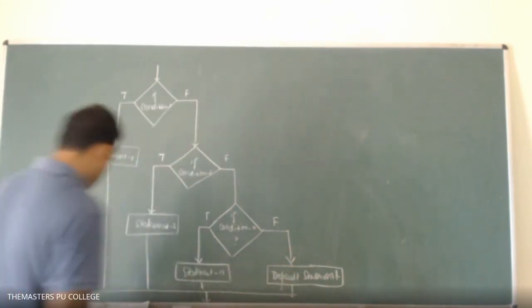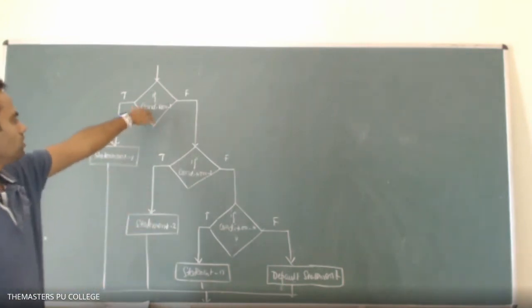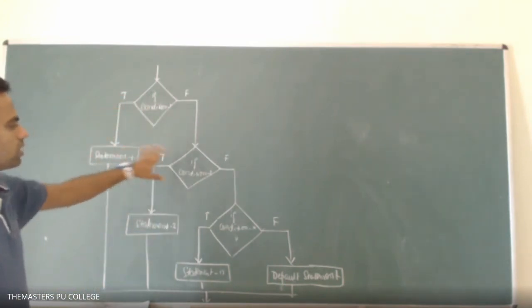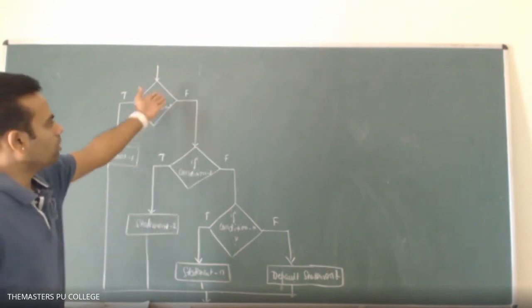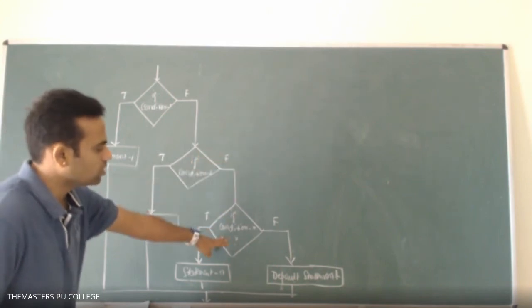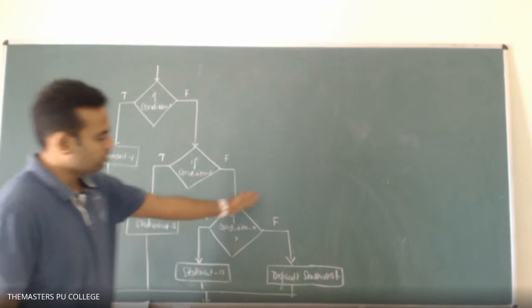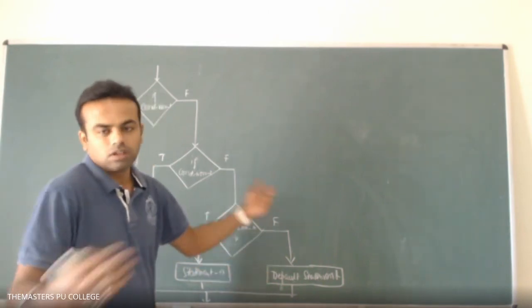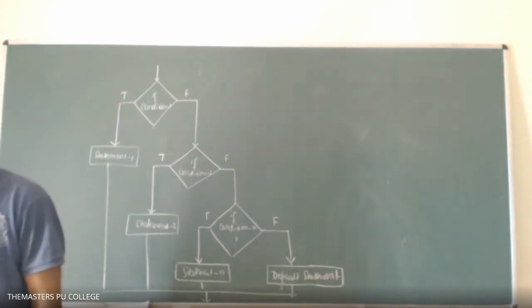This is the flow chart. If every condition fails, then finally the default statement will execute.